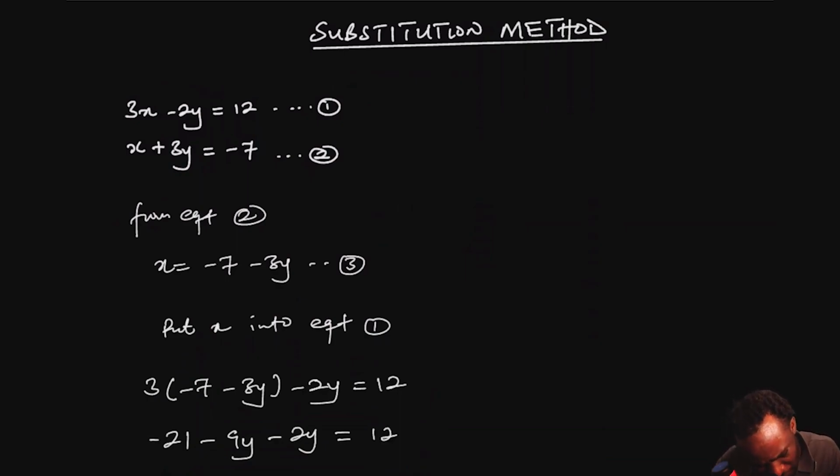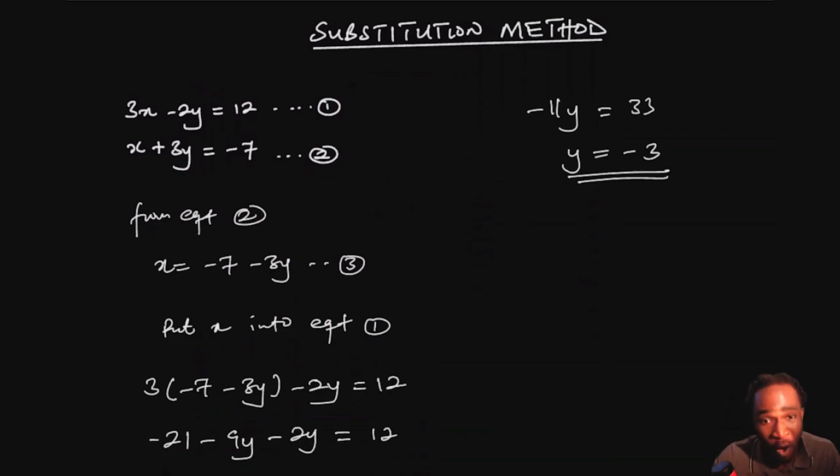On the left hand side we get minus 11y, and on the right hand side we take this minus 21 over to the other side to make it plus. It's going to add up, so we get 12 plus 21, which is 33, and then y is going to be equal to minus 3. So our answer is minus 3 for y.